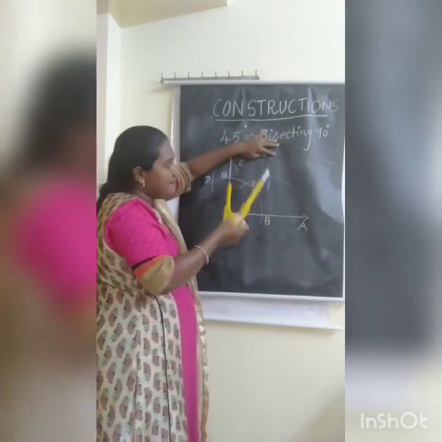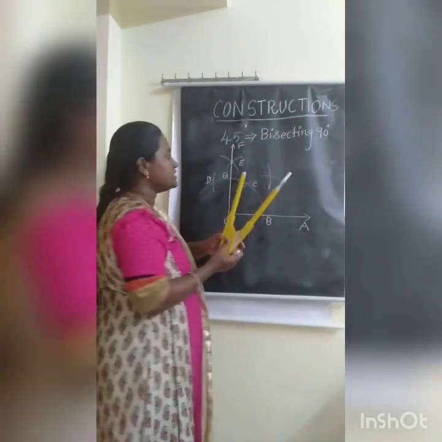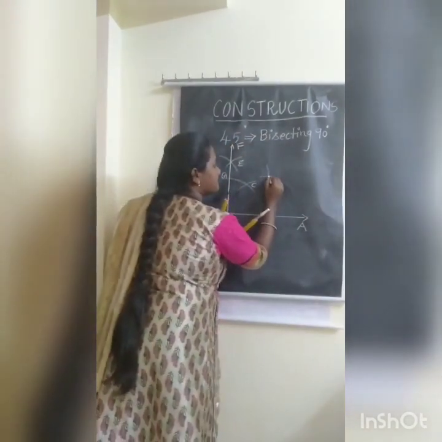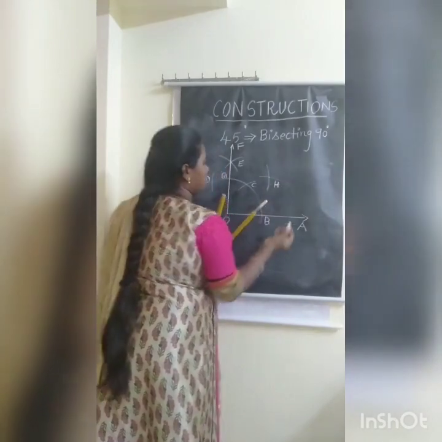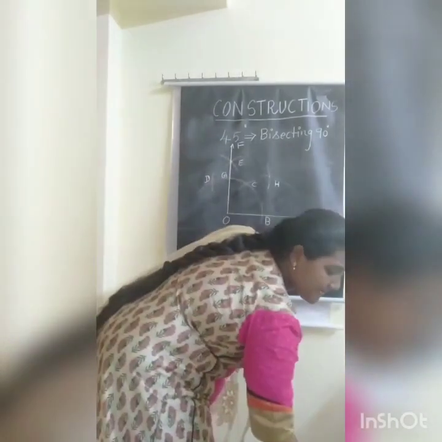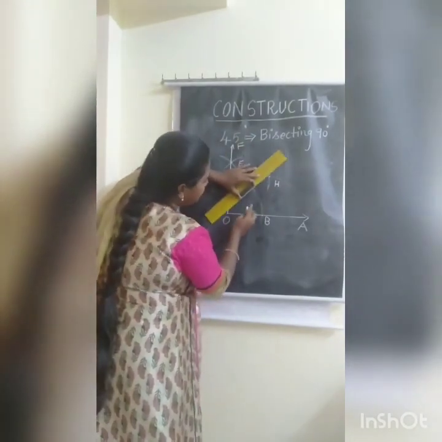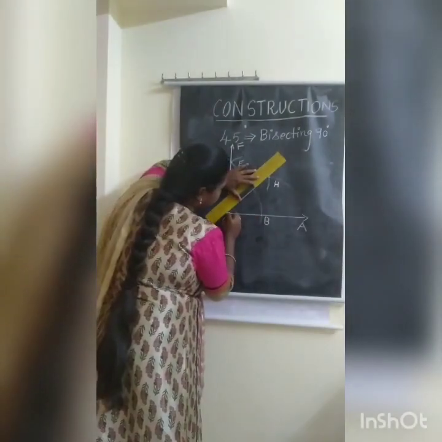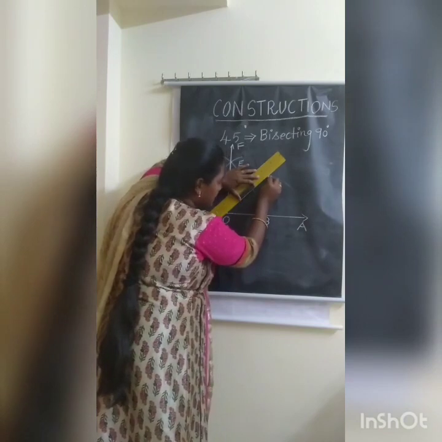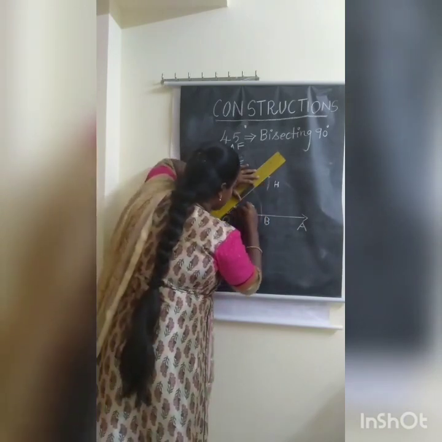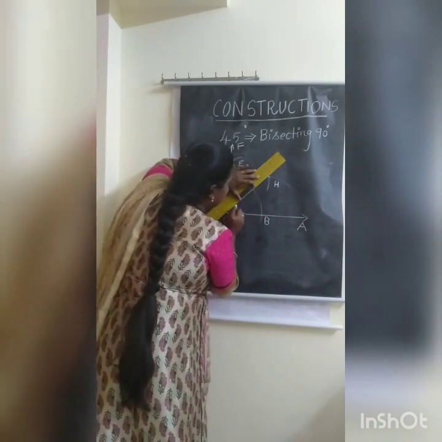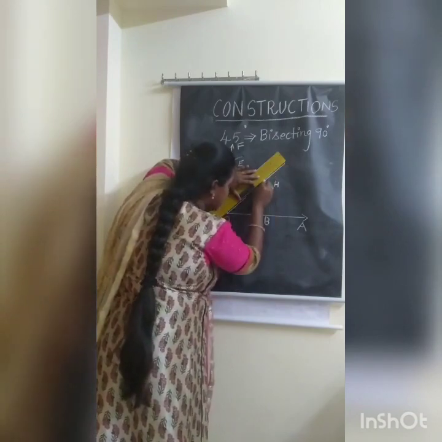I am going to mark this intersection as H. Now I am going to join the origin and the point H. And now I will say we have arrived at the solution of constructing 45 degree with the help of compass.